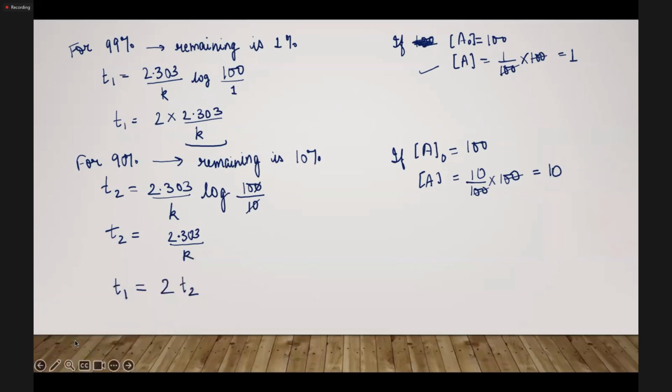This statement is only for a first order reaction, because we have used the first order integrated rate law to reach this conclusion. This will not be followed by zero order or second order reactions. So only for first order reaction.